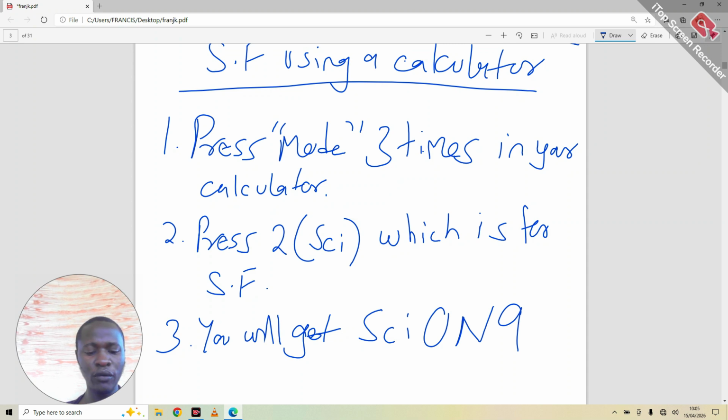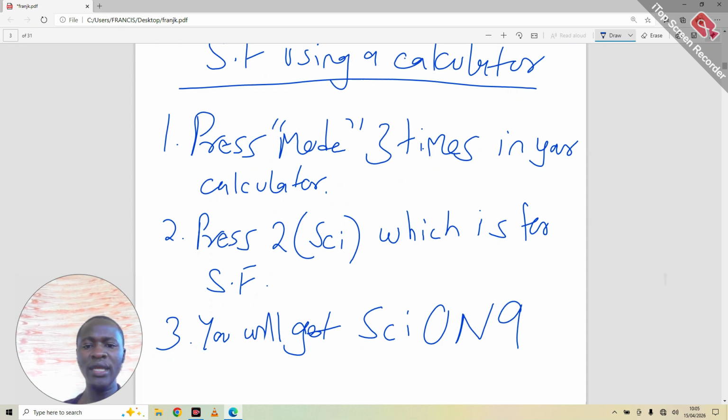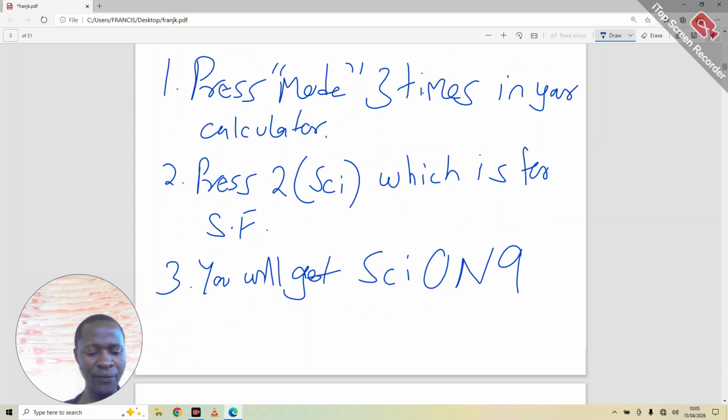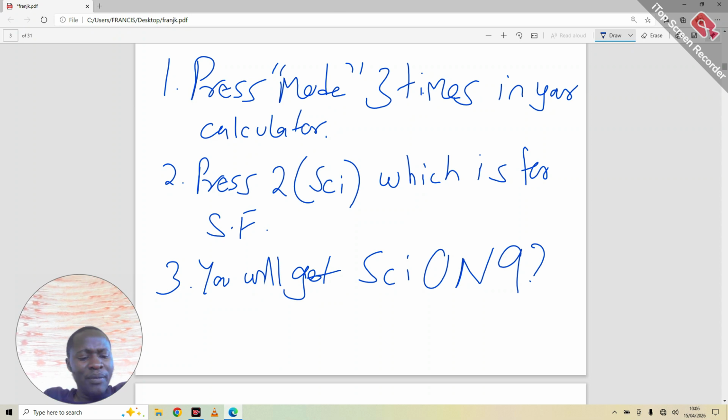That is a range from 0 to 9. You will get psi, range 0 to 9, which means, remember, listen to me here. After pressing that 2, you will get that thing that I've just shown you, which asks to how many significant figures you have been asked in the question.